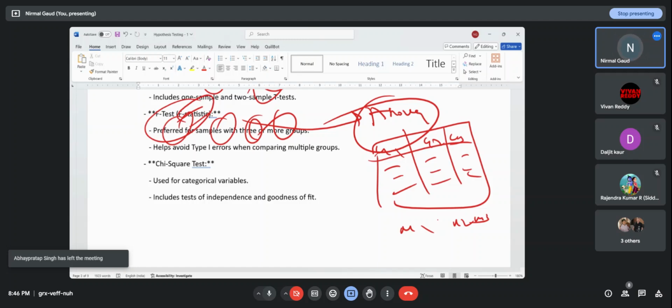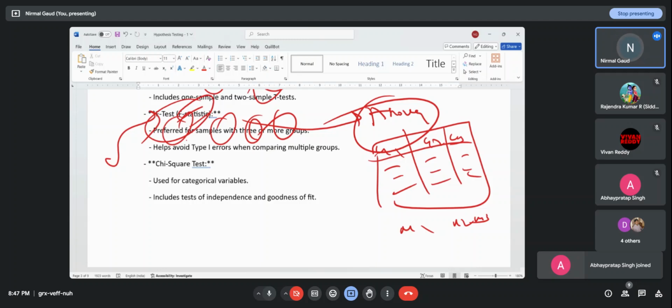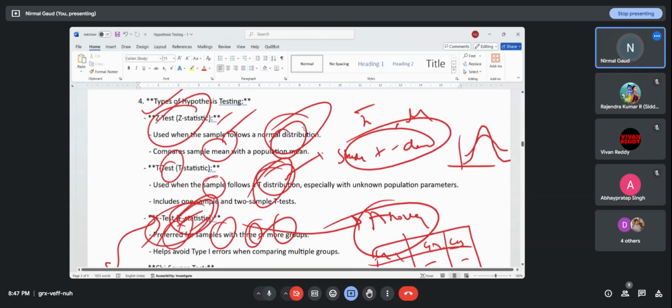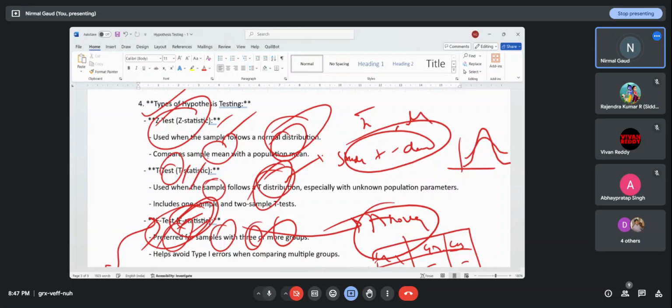In ANOVA, the null hypothesis was that the means are the same, and the alternate hypothesis was that the means are different. So there we considered the F statistic. When you have two or more groups, the F statistic is considered. If you have a single sample, one sample or two samples, then you can apply the t statistic. Else you can apply the z statistic. Okay, that's what you can do.